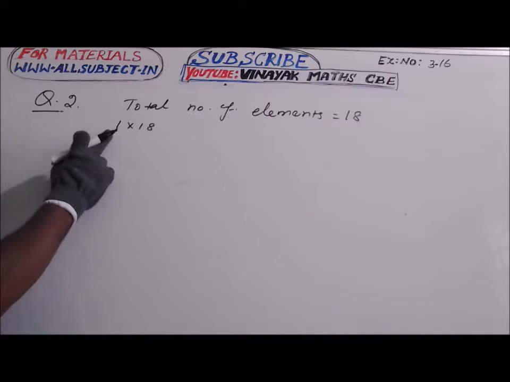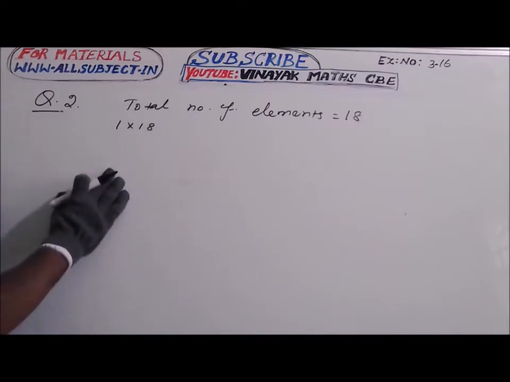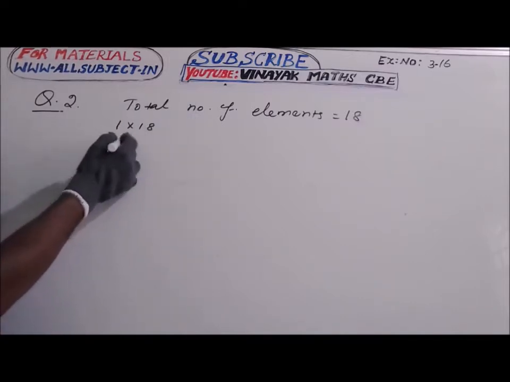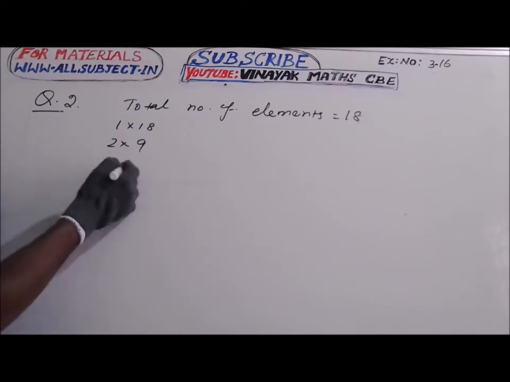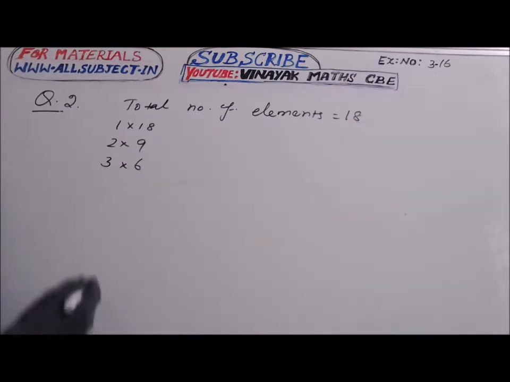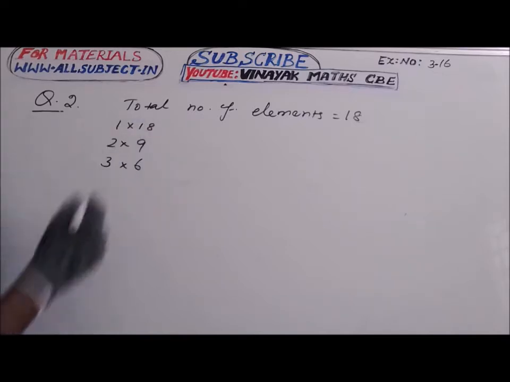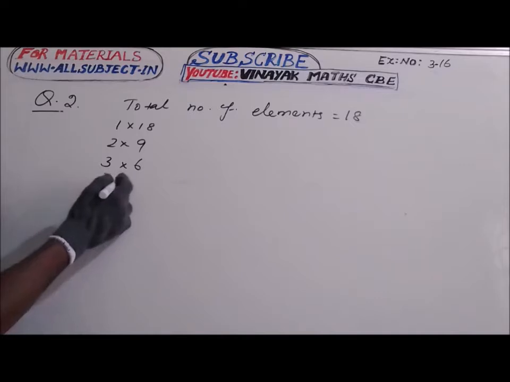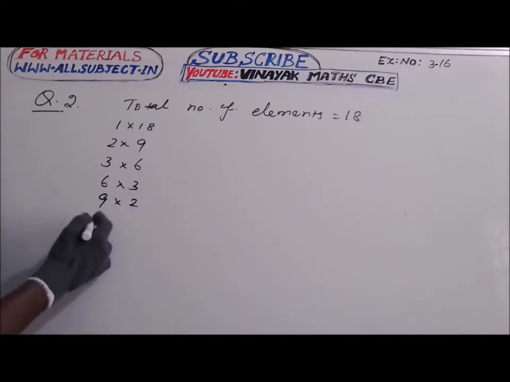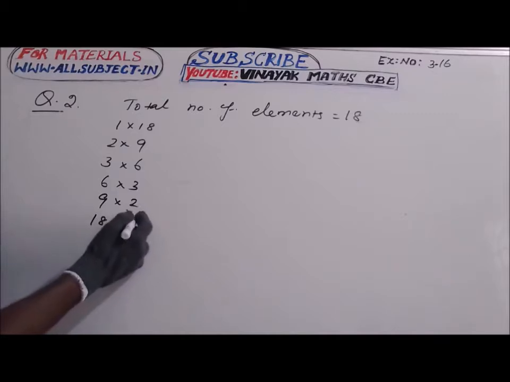So it can have 1 row 18 columns, or 2 rows 9 columns, or 3 rows 6 columns, or we couldn't write in 4, 5, then 6 rows 3 columns, or 9 rows 2 columns, or 18 rows 1 column.